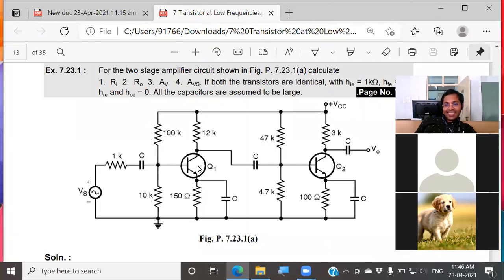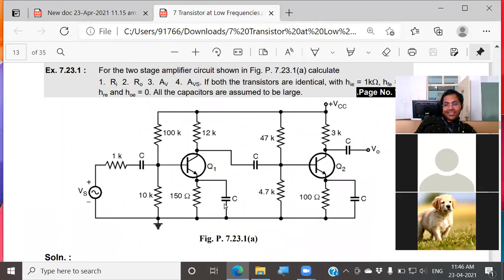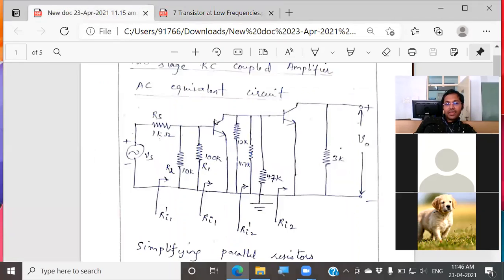This transistor as it is. Then when I consider this capacitor short circuit, I told you the equivalent is simply a short circuit. Zero resistance in parallel with 150 is 0. So the emitter is directly connected to ground.